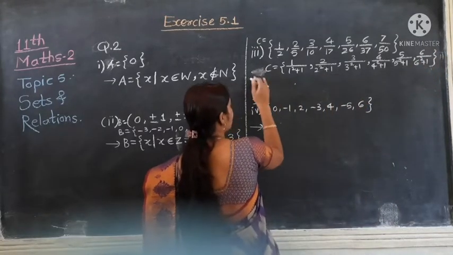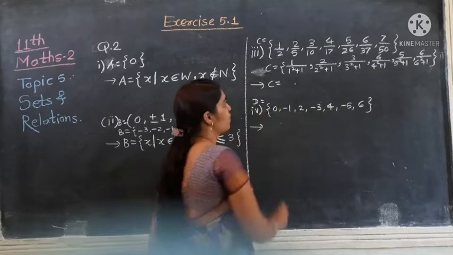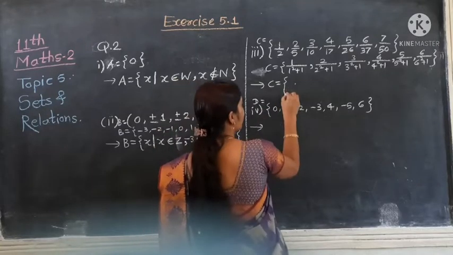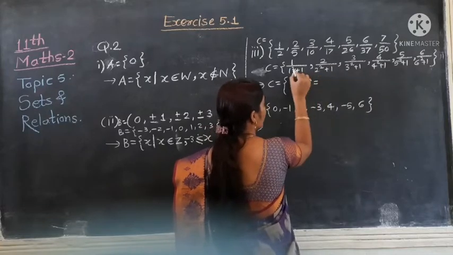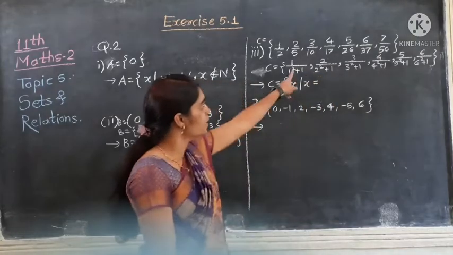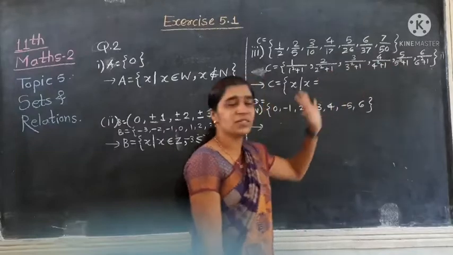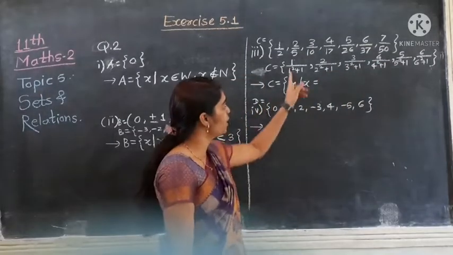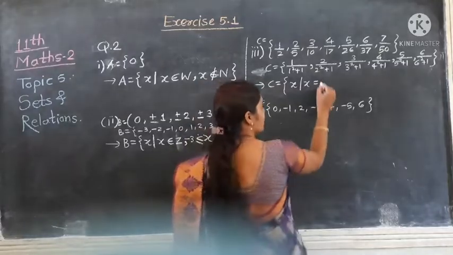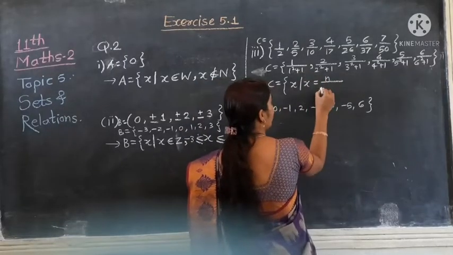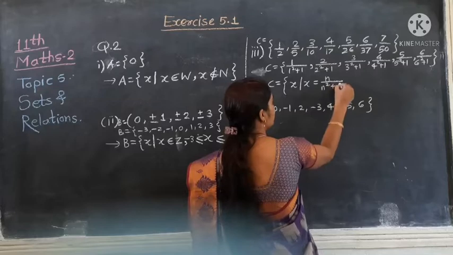So we write here the answer now in set builder form as the set of all x such that x is equal to... Here, what is the fixed number? Square is a fixed number and plus 1 is a fixed number. Which number is changing? 1, 2, 3, 4. You call this n. So you write n upon n square plus 1.